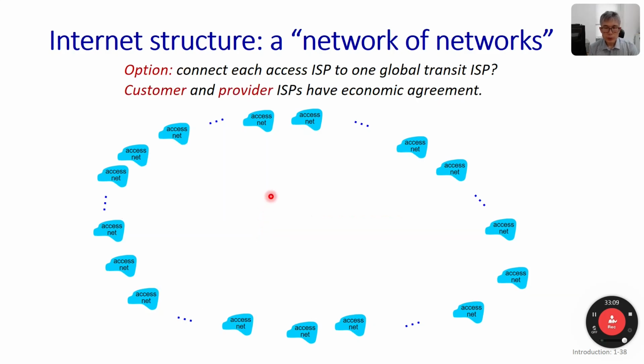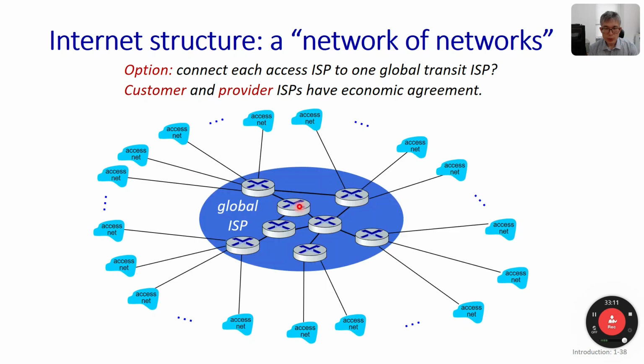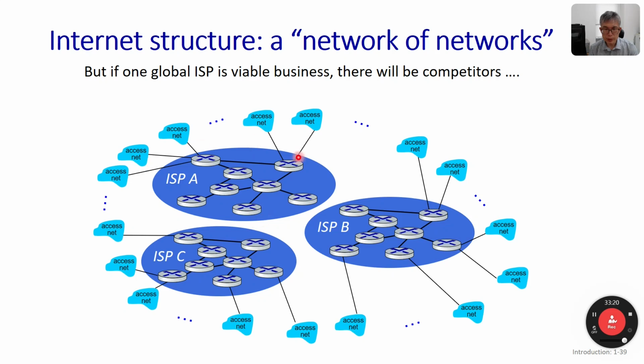The other option is to use a global ISP. In that case, one complicated ISP is used, but this is hard to construct or manage. So we split it into many internet service providers, A, B, C, something like that.